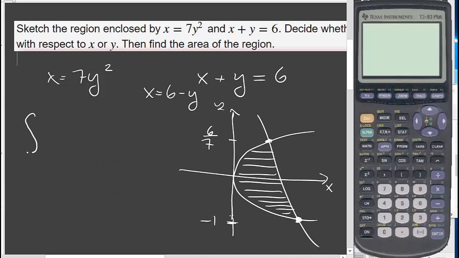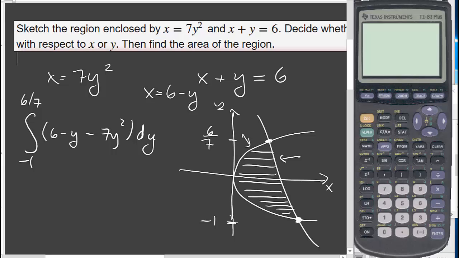So now we will be integrating between -1, the lower bound, and 6/7, the upper y bound. And we want the function that's on the right, which in this case is 6 minus y, minus the function that's on the left, which in this case is 7y squared, and we're integrating with respect to y.